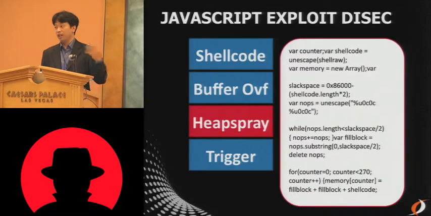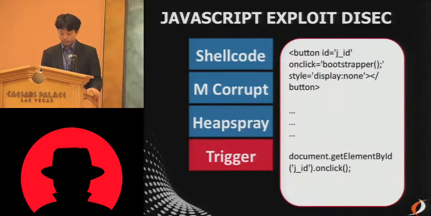Heap spray was first published here at Black Hat by Skylined, and it's a very robust, easy way to exploit the browser. And then there's the trigger, which calls your JavaScript, calls all this code, activates and executes it, and triggers the exploitation process.